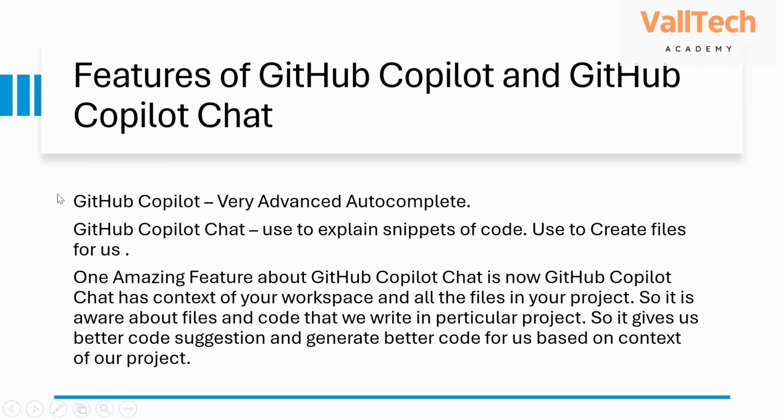One amazing feature of GitHub Copilot chat is that it now has context for our workspace and all the files in your project. So it is aware of the files and code that you are working on in any particular project, and it gives better code suggestions based on the context of our project. Similarly, there are a lot of useful features available in GitHub Copilot and GitHub Copilot chat.